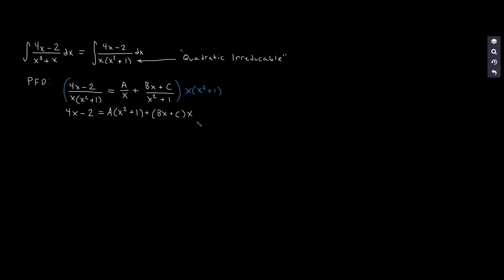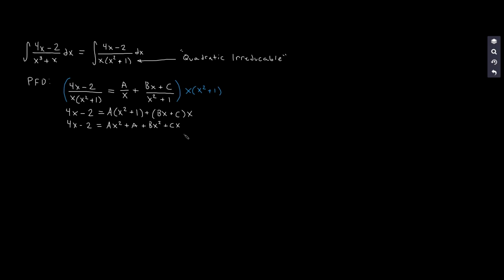So now hold on, I'm trying to think about what we have to do here. I think the move at this point is to probably just try to multiply everything out and then regroup it as needed. So that's going to be a times x squared plus a, plus bx squared plus cx.